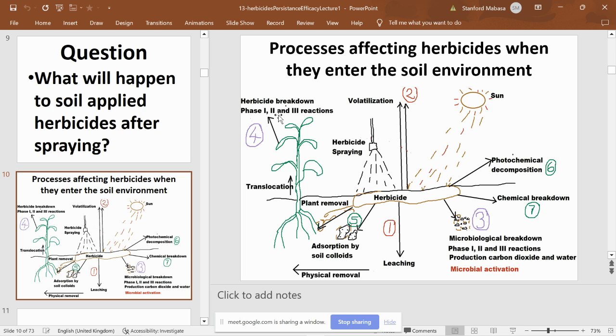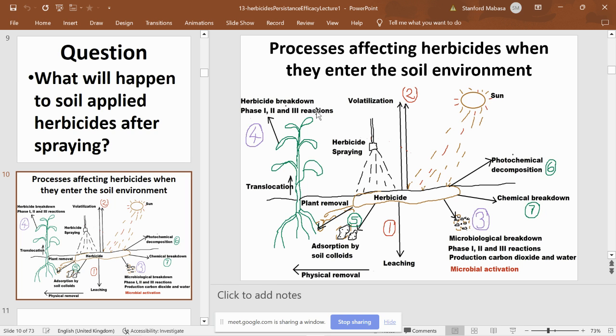And also this amino acid may be involved. Then phase 3 may also involve malonyl addition and glucose addition, all of those things which we discussed.